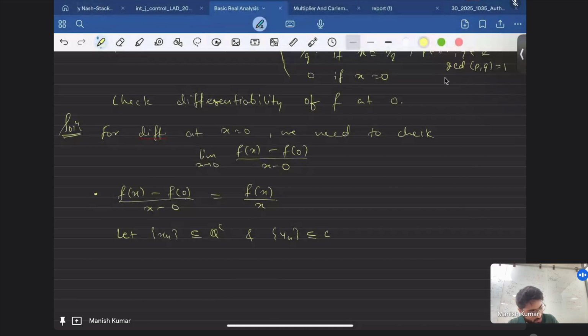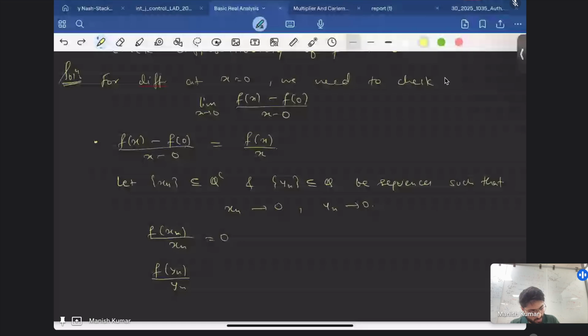Okay, so what is f of xn upon xn? This is 0. And what is f of yn? There is one thing I should tell. When I'm saying xn is from Q complement, this is always defined, since xn is non-zero, so I can make sense of this fraction, because xn is irrational and 0 is a rational number.